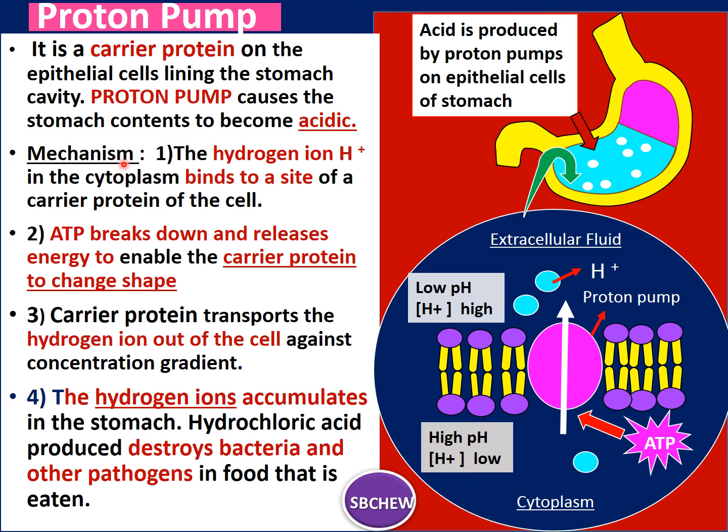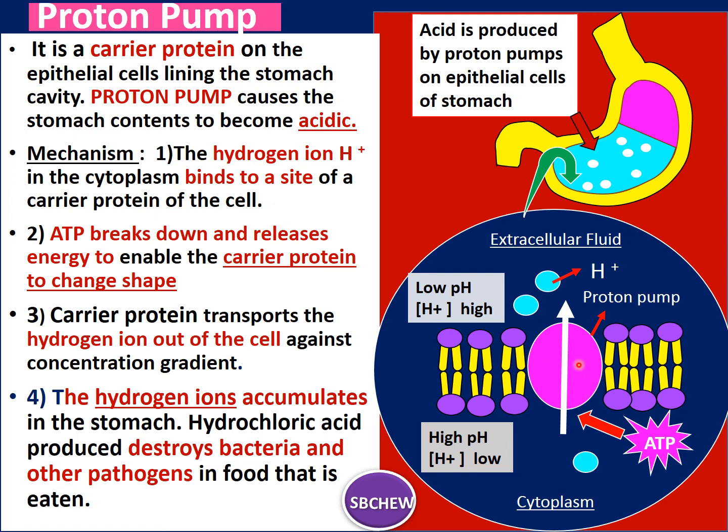What is the mechanism whereby the hydrogen ions are eliminated from the cell so that it can form the acid in the cavity here? So firstly, the hydrogen ion inside the cells of the epithelial tissue will bind to the site of a carrier protein of the cell.